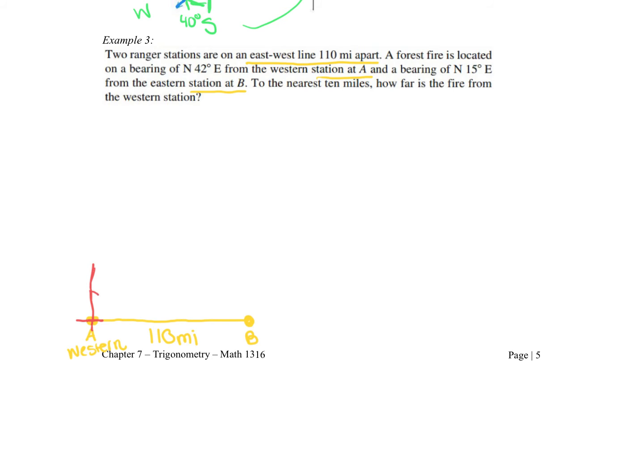So I start at north, I'm going to go 42 degrees towards east, which is that direction, and draw my line up. So this piece in here is 42 degrees, which results on the inside piece being 48 degrees, because that's supposed to be a right angle, even though I can't draw. Then I have station B, and from station B, it says that you start at north and go 15 degrees towards east.